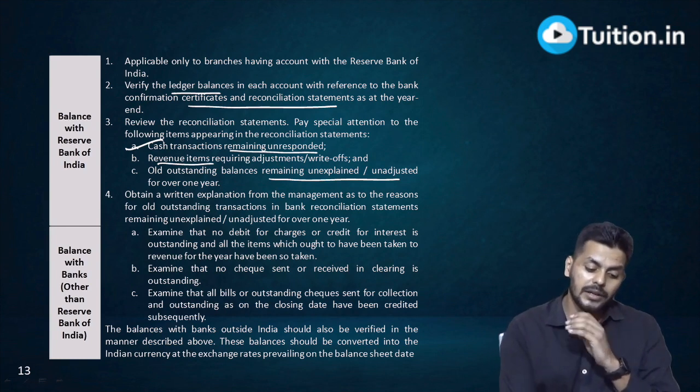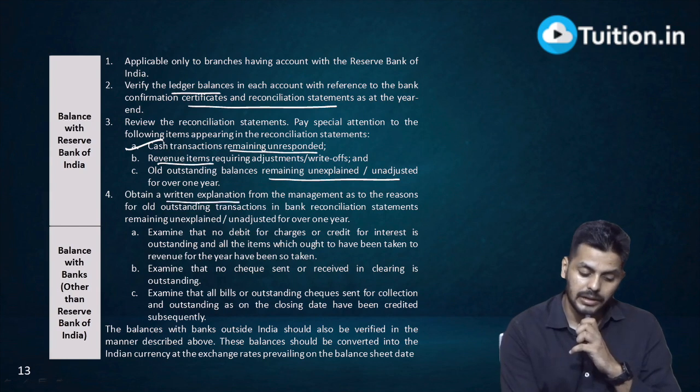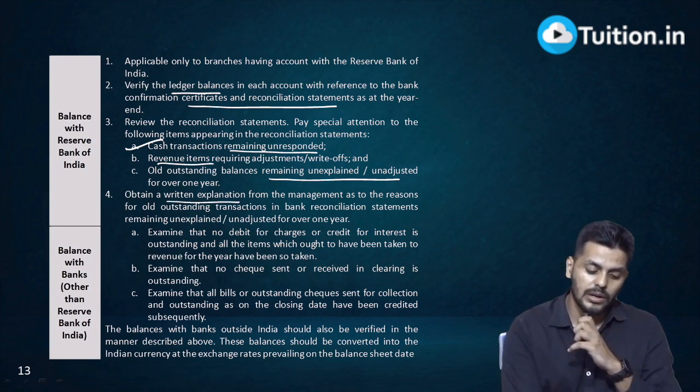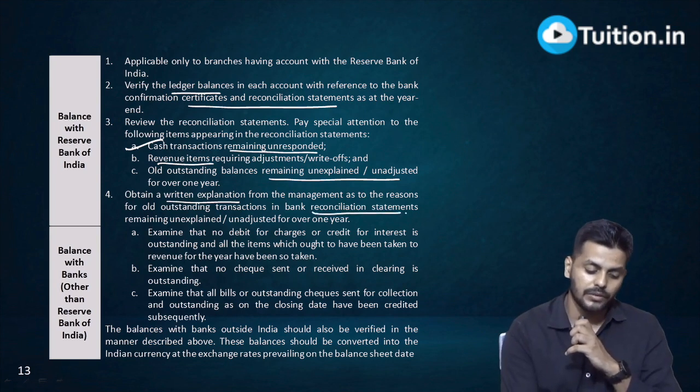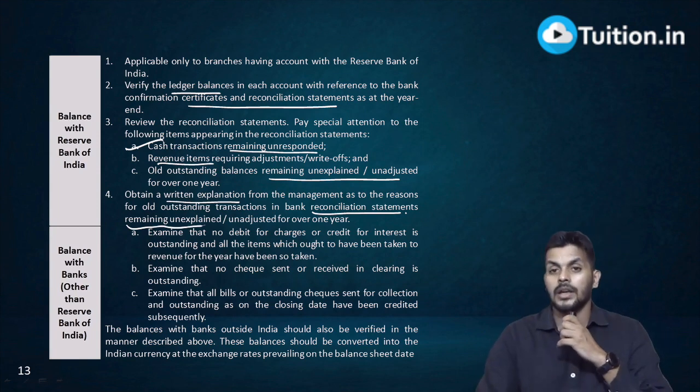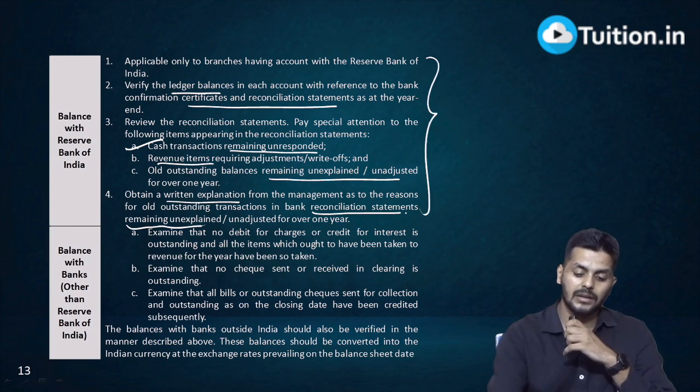And obtain a written explanation from the management as to the reasons for old outstanding transactions in bank reconciliation statements remaining unexplained and unadjusted for more than 1 year. Checks issued but not presented, cleared, whatever are the stories that you might want to take into consideration.